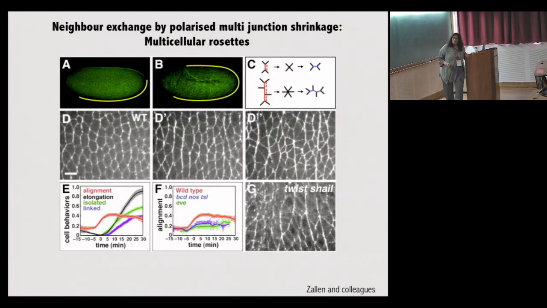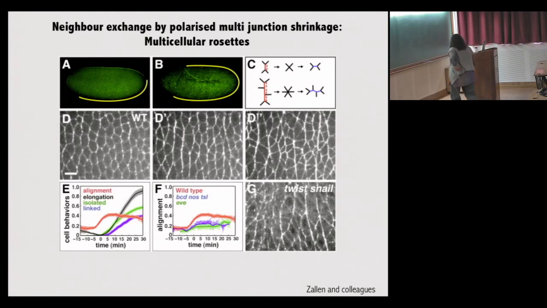So again, what people have been able to show is that at specific developmental stages, you can see very pronounced alignment of these interfaces. And these interfaces also become enriched in this particular protein here, which is essentially myosin.